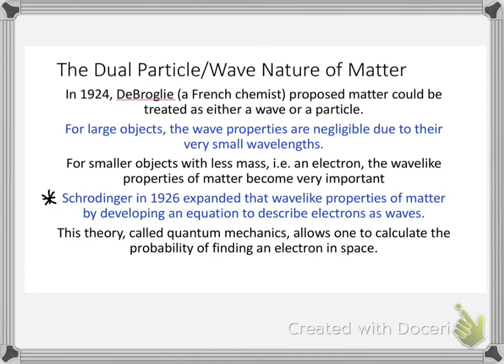So we're trying to find the most likely place that an electron would be, and that's what quantum mechanics does, and that's what we will conceptually use to help understand bonding. We're not doing the mathematical equations and wave functions for quantum mechanics, but we can take the results of that mathematics and apply them to our bonding.